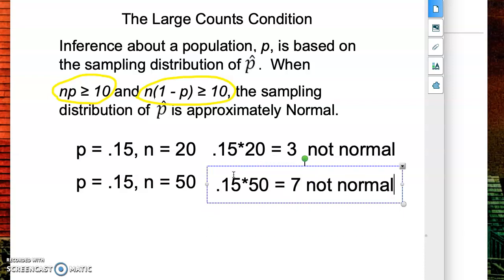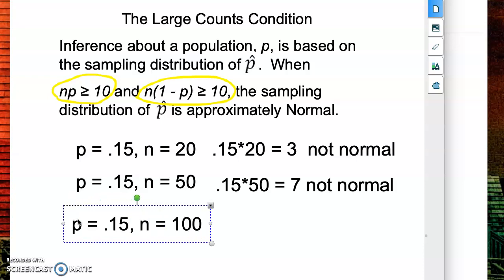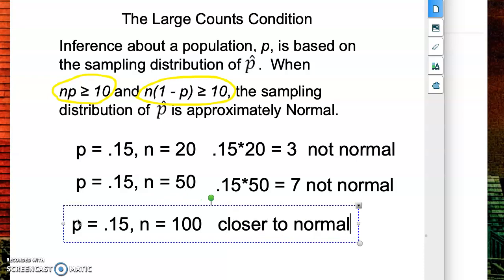It was getting closer, but it was still not normal. But when we went to p equals 0.15, n equals 100, then 0.15 times 100 is 15. This is closer to normal. All right, so this is the rule. This is called the large counts condition.